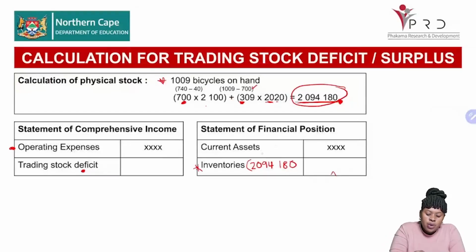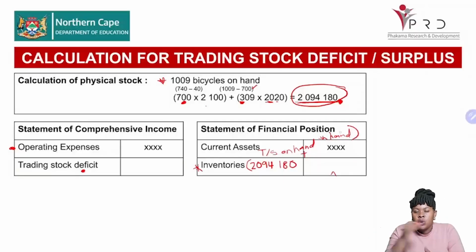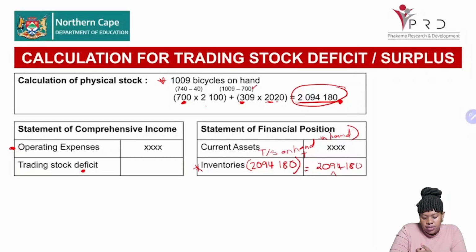So in this case, we've got our trading stock on hand, and we also have to have our stationery or consumables on hand. Please don't forget to add the stationery and consumables on hand for you to get the total for this value. So if there's no other on-hand amount, then I will obviously write the amount over here, 180.